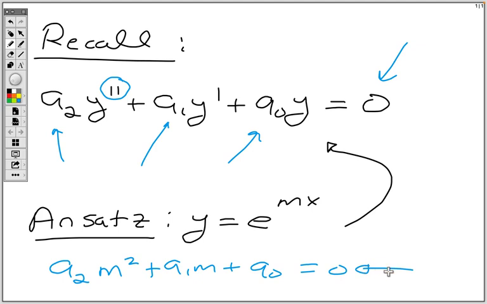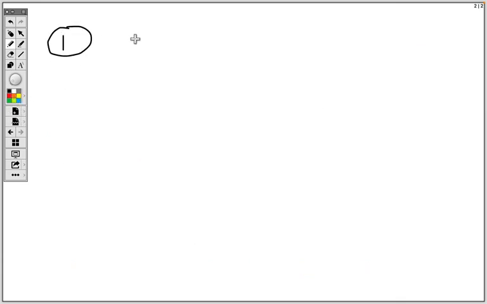And so we have to start looking at what sorts of situations can arise when solving quadratic equations. So yesterday we talked about two cases. The first case is if we get two distinct m's, m1 and m2, and these are distinct real numbers.